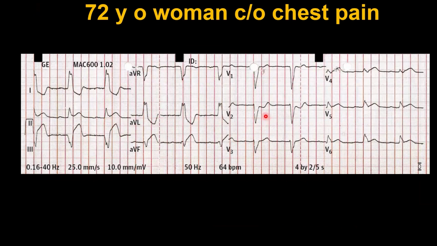And in V2, this is the obvious one that struck me. The sagging ST depression is abnormal. It's going in the wrong direction. It should be upright like that. So those are the repolarization changes to look out for.